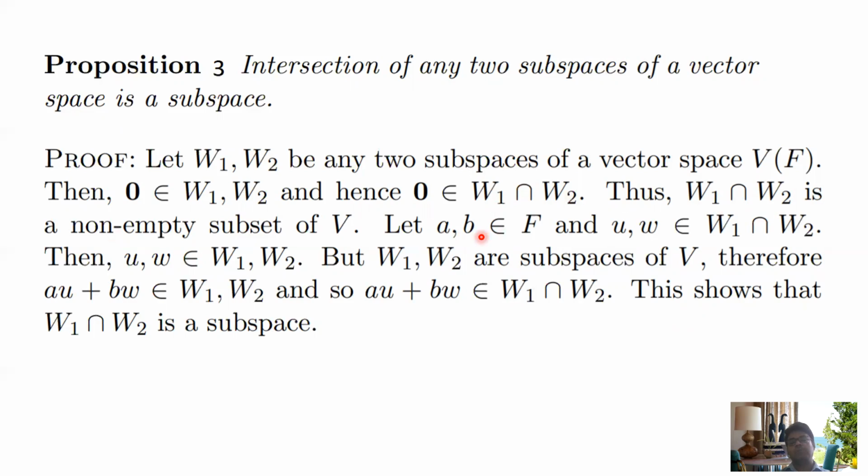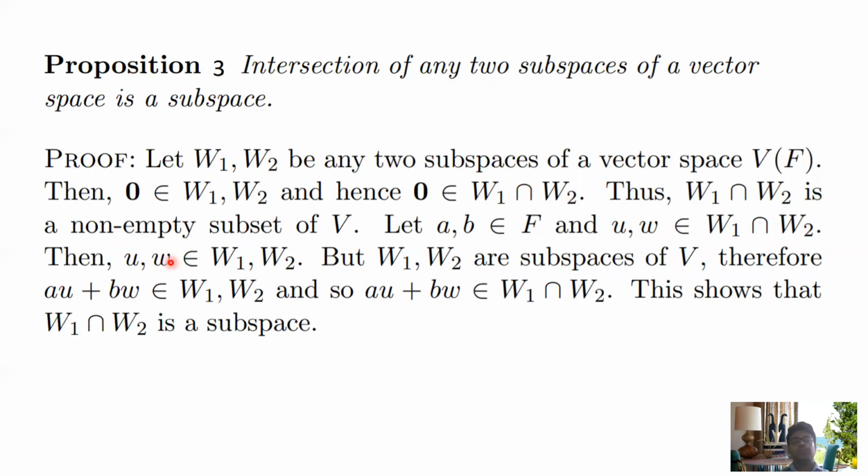Let a, b belong to F and u, w belong to W1 intersection W2. So from here it is clear that u, w belong to W1 and u, w belong to W2.